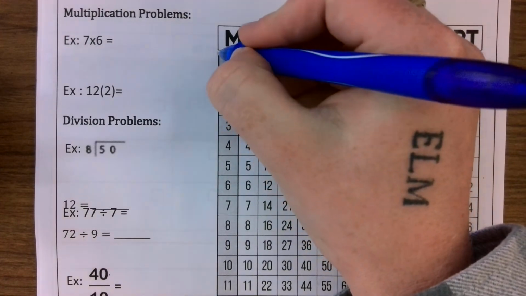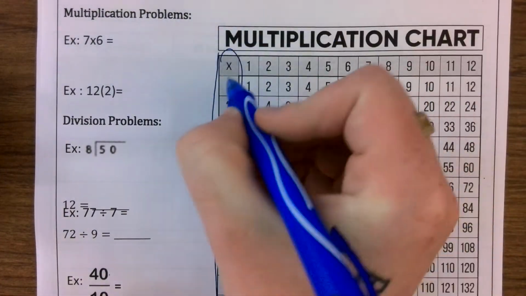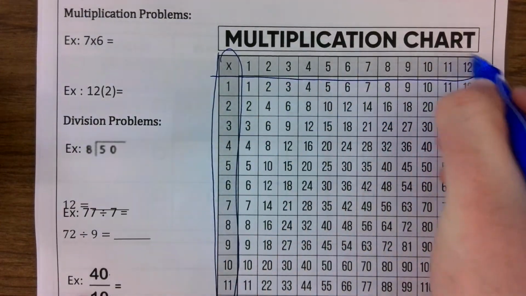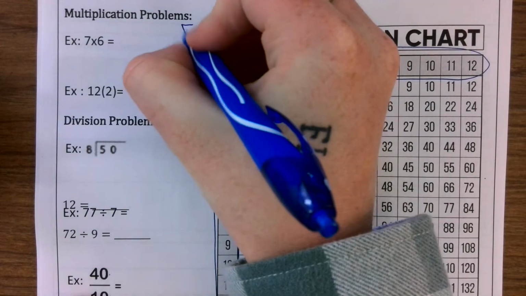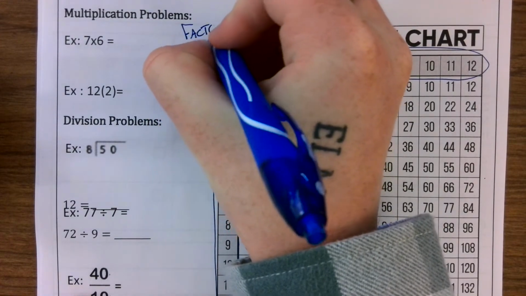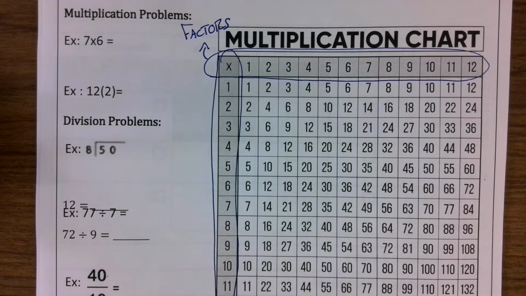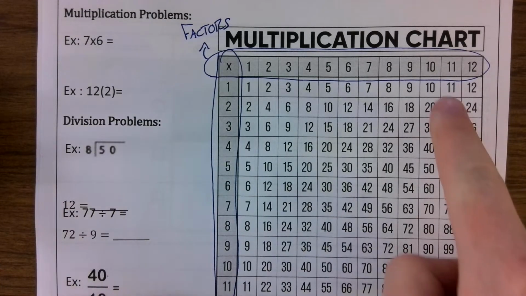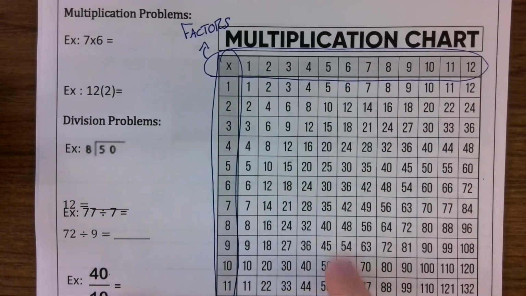Right here, this part and this part, these are our factors. These are the numbers we are multiplying to get our goal number. These numbers in the middle are our multiples. They're multiples of different numbers.